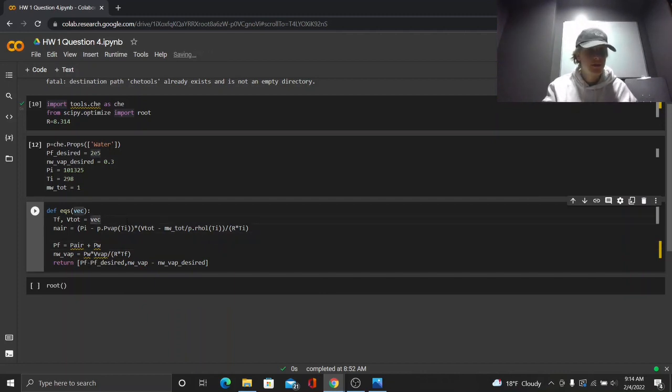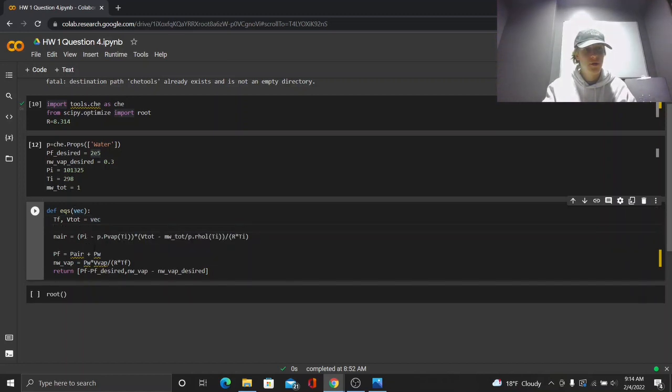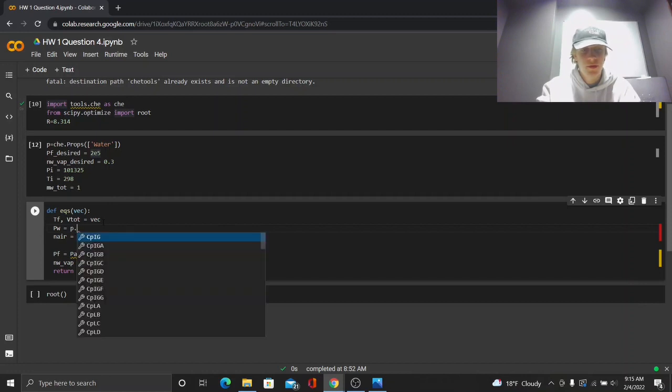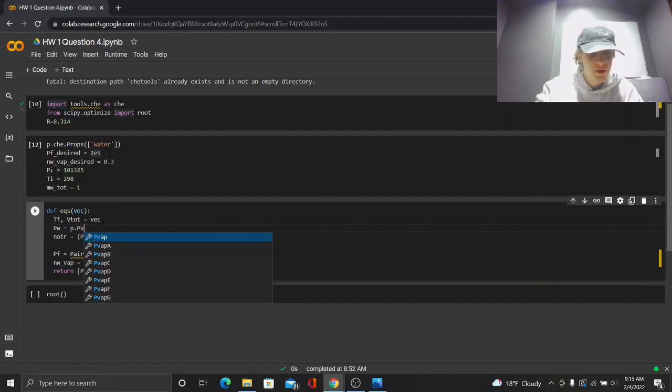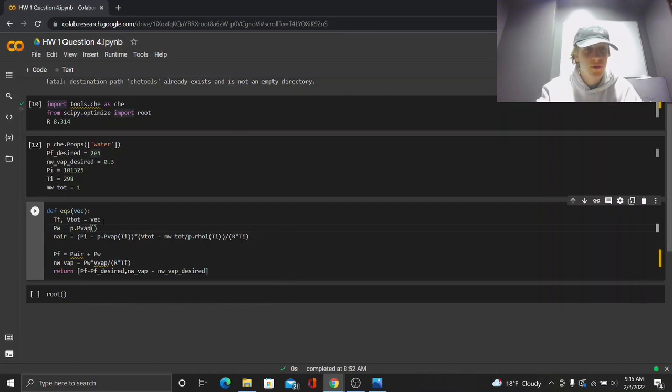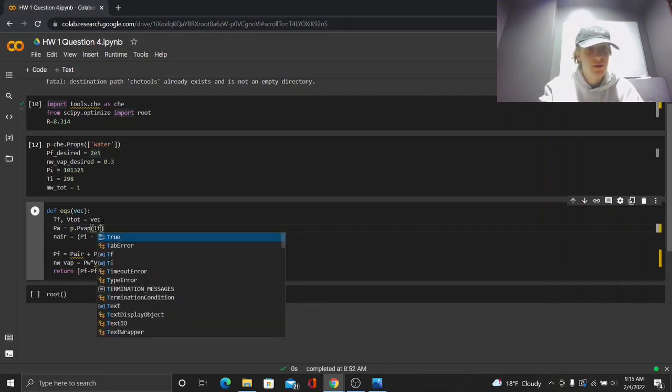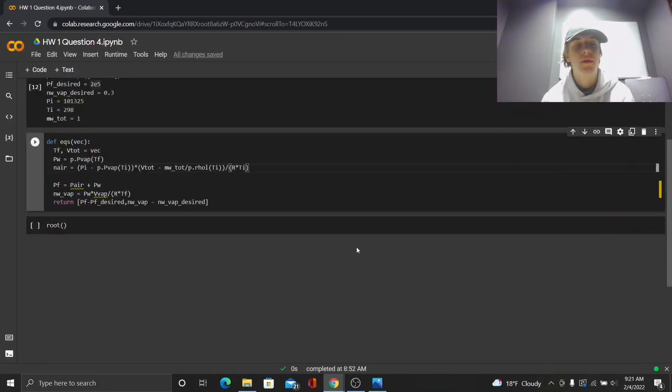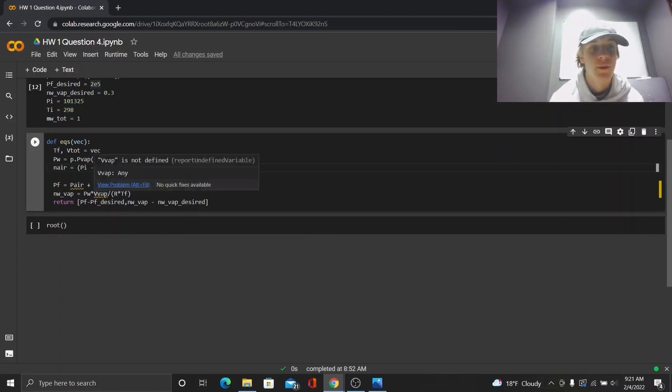Now to get this partial pressure of the water, I can use our CHE tools again and get the pressure at the final temperature, like that. Now there are these two values that we still don't know: the volume of the vapor phase and the partial pressure of the air.